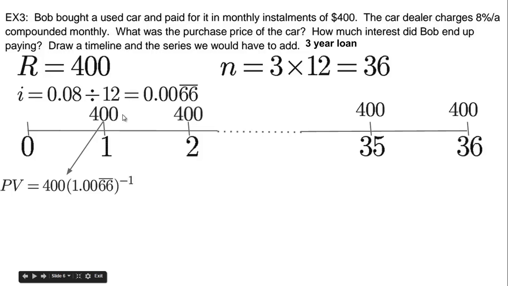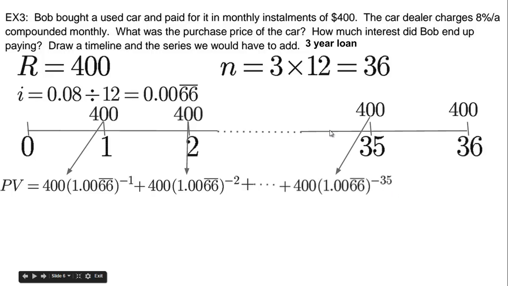If we're multiplying by the interest rate to go this way, we're dividing by the interest rate to go back to the beginning. So the second one, we divide by it twice, and I really like the negative idea because it's really showing going back in time. And then the second last one is 35 times going back, and the last one is 36 times going back.